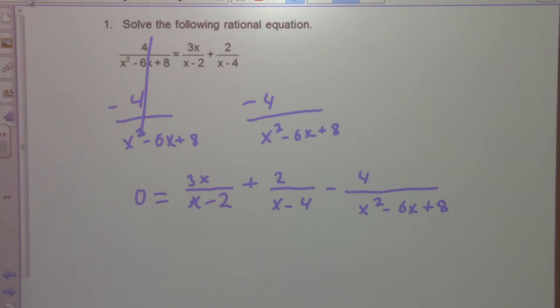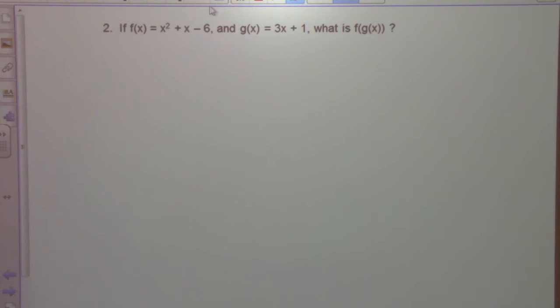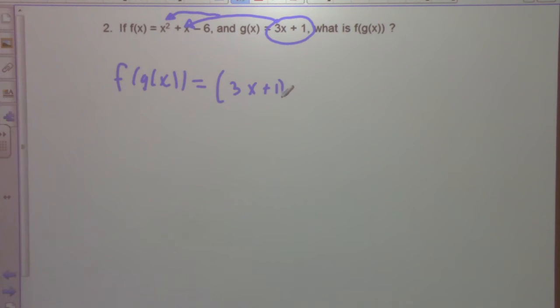All right, so next, this one right here, basically you have f of g of x. So what you're going to do is place this g right into x here. So f of g of x is equal to, you take this 3x plus 1 squared, and then plus x, in place of x you put 3x plus 1.